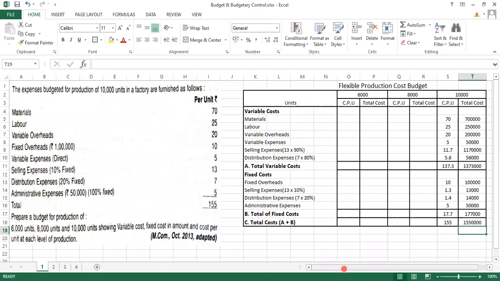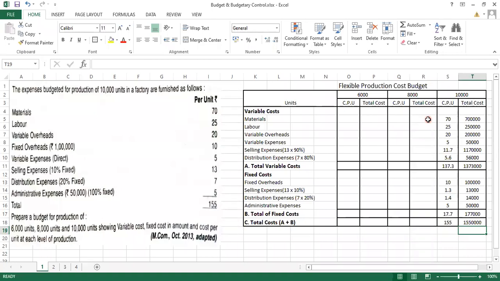Okay. Chalo, now we have to make for the 6,000 units and we have to make for the 8,000 units. Can someone tell me हम कैसे करेंगे? Variable cost per units will remain same.